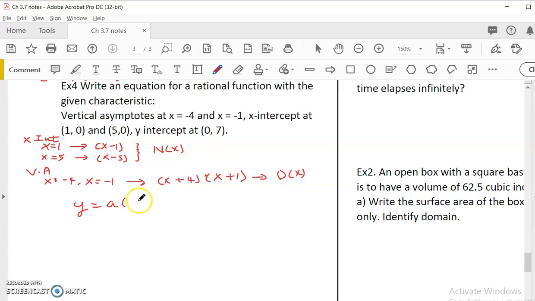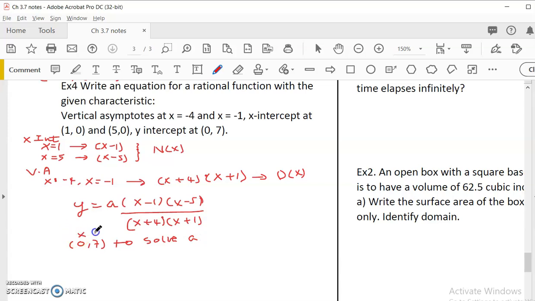The numerator is x minus 1, x minus 5. The denominator is x plus 4, x plus 1. They didn't tell us anything about the multiplicity, so we just write something that could be it.